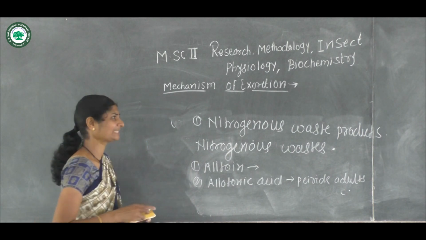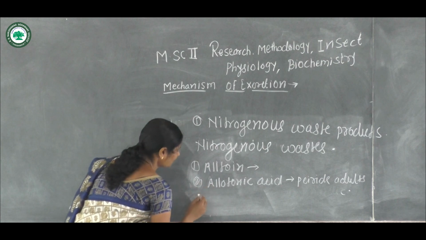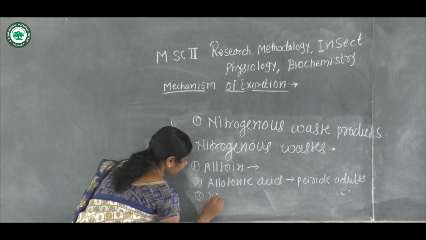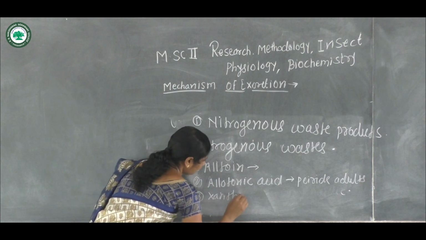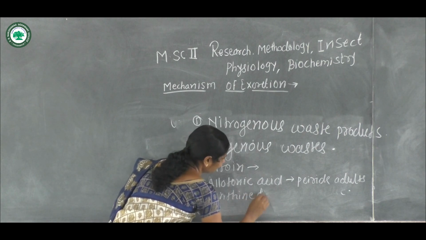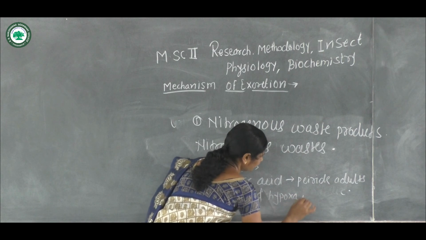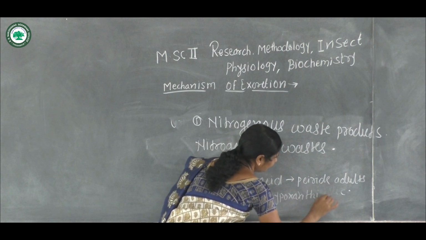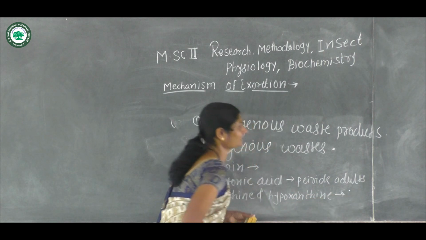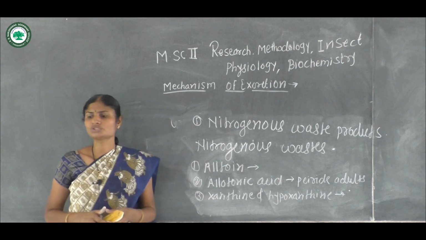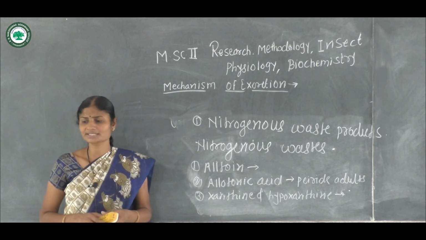Xanthine and hypoxanthine are present in melanophagous insects as nitrogenous waste products.